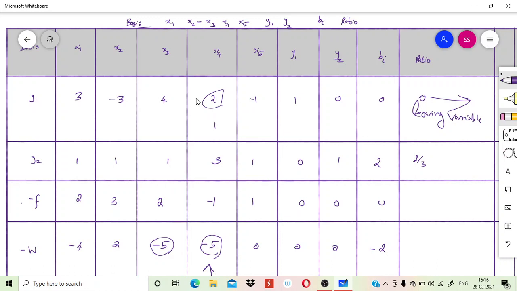You select that column as the pivot column and this position as the pivot position, so that in the pivot column the elements below and above the pivot position become 0. Like that you have to proceed.